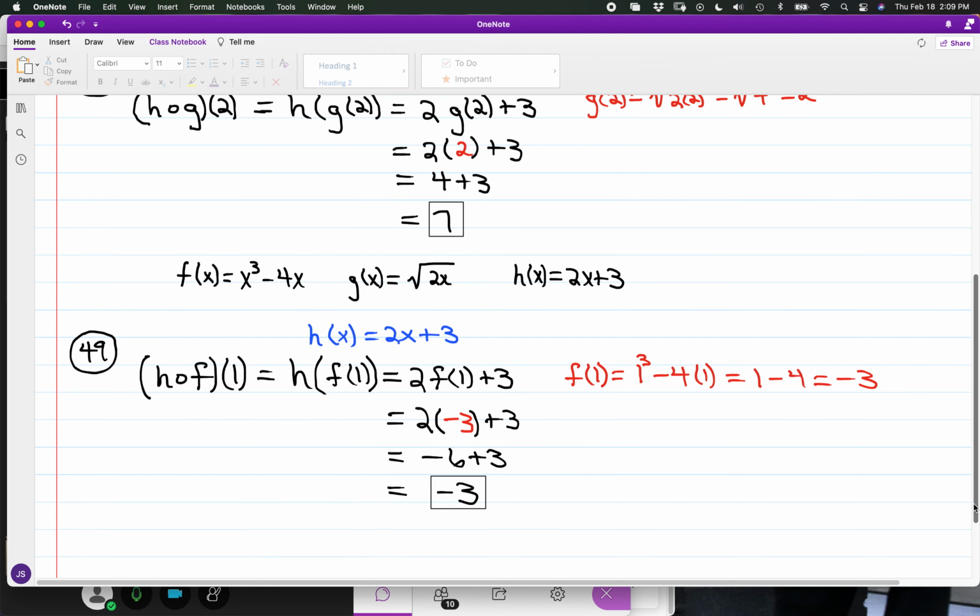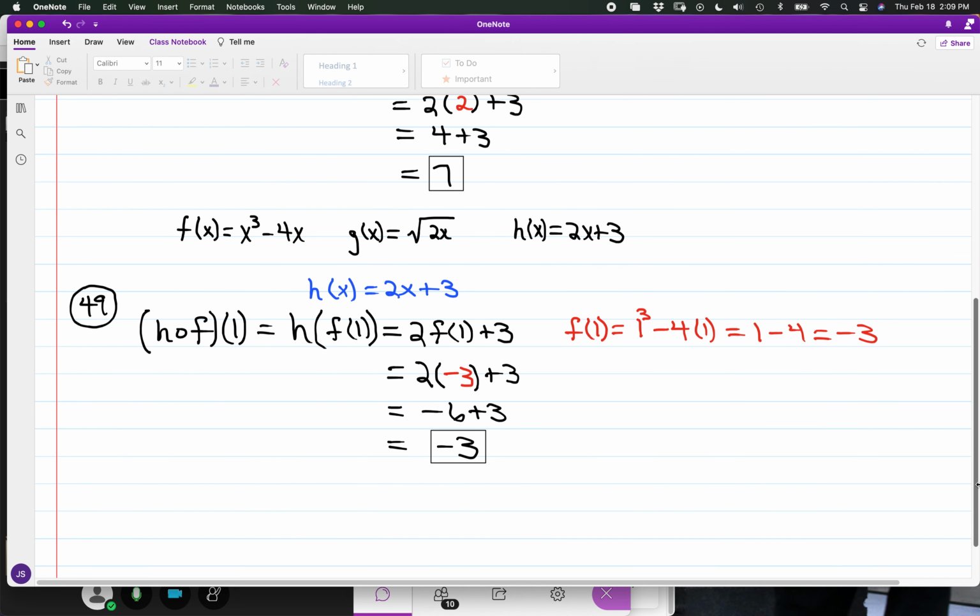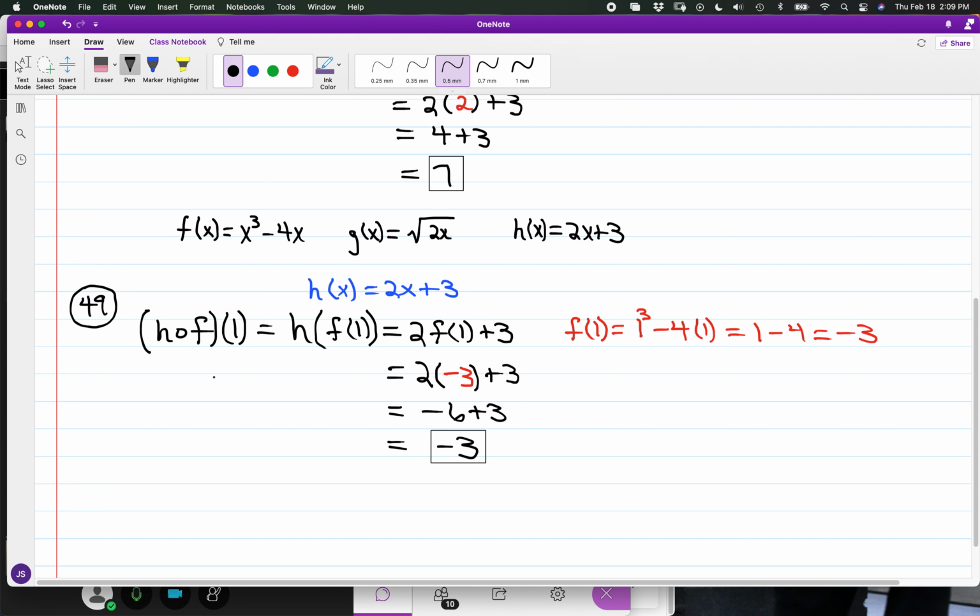Now, for the next composition problem, we have number 50. Here we have g composed with f, whereupon x is set equal to 3.